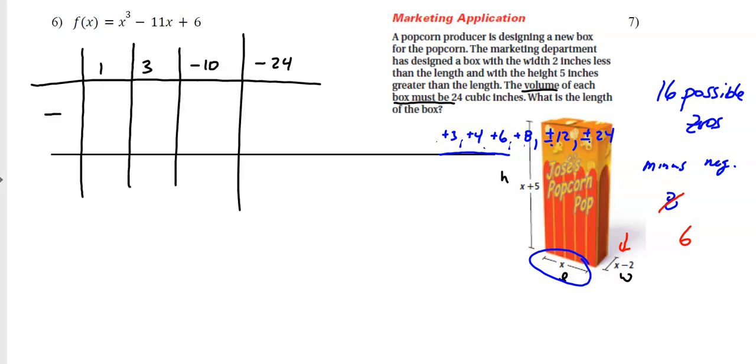See if we can crack this thing open. So let's try 3. Bring the 1 down. 3 times 1 is 3. Added to 3 is 6. 3 times 6 is 18. 18 added to negative 10 is 8. 3 times 8 is 24. Added to negative 24. Booyah. Got lucky. So I know that x equals 3 could be an option.